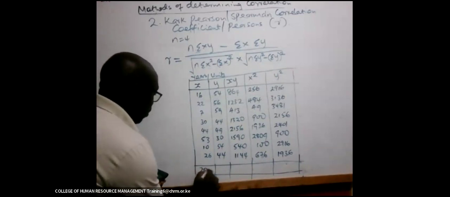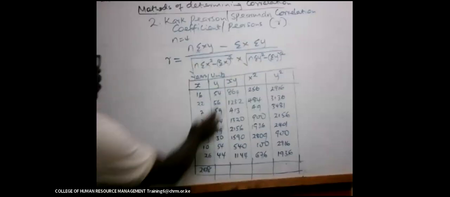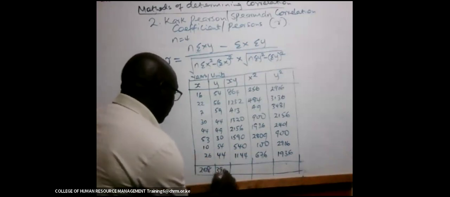You get 208. That is simply the sum of x. You sum the values of y, 54 plus 56 plus 59 plus 44 plus 49 plus 30 plus 54 plus 44. You get 390.